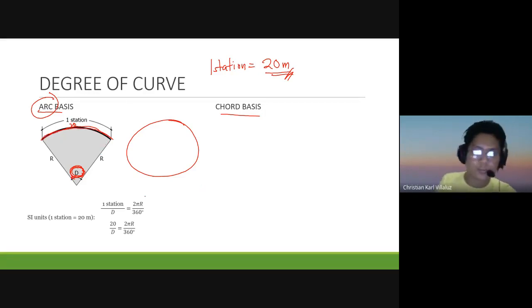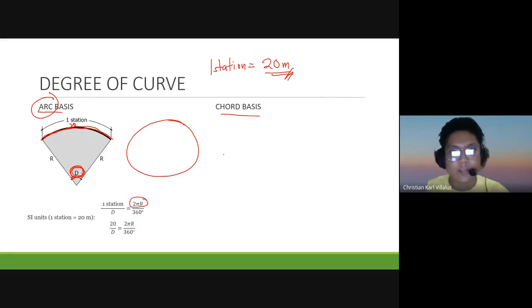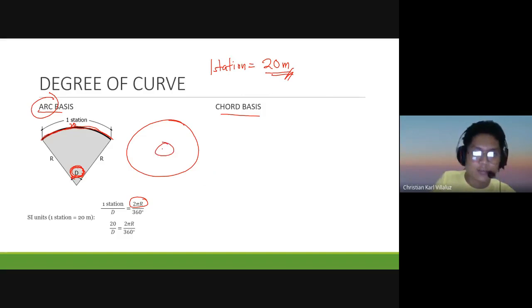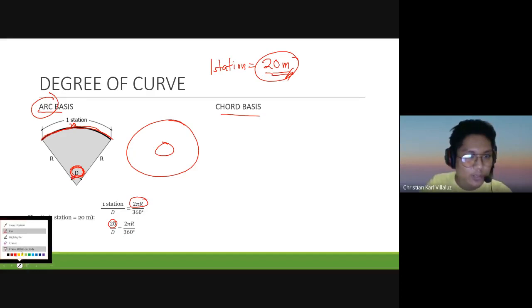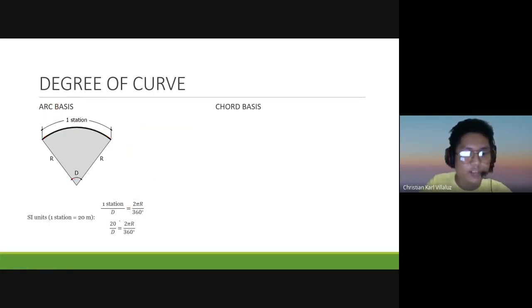Sa buong circle, yung circumference ng circle, which is 2 pi r. Now, the equivalent central angle of that is, of course, the whole angle, which is 360 degrees, so one revolution. So, substitute now, one station is 20 meters divided by D, equals 2 pi r over 360.